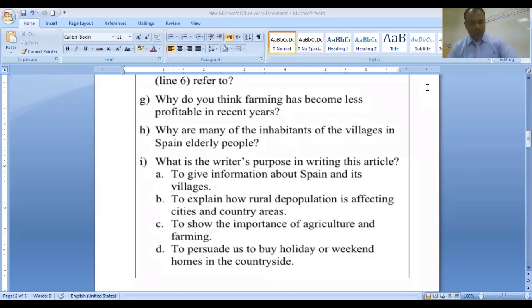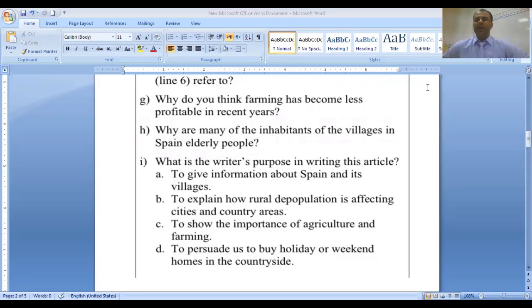Okay, now we come to question I. What is the writer's purpose in writing this article? This text, which we read now, what is the writer's purpose? Why is he writing this text? And we have 4 choices. A, to give information about Spain and its villages.